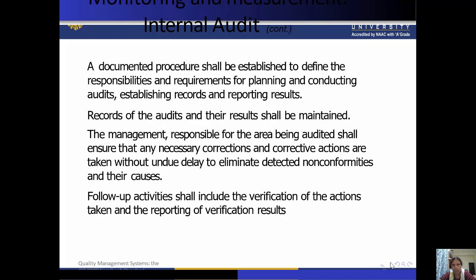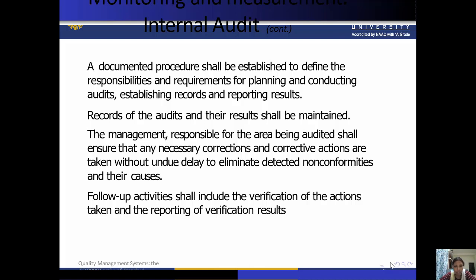Next is monitoring and measurement: internal audits, continued. A documented procedure shall be established to define the responsibilities and requirements for planning and conducting audits, establishing records and reporting results. Records of the audits and their results shall be maintained.